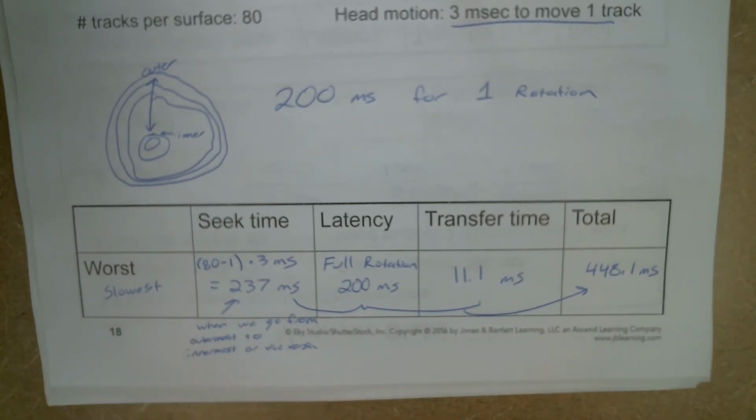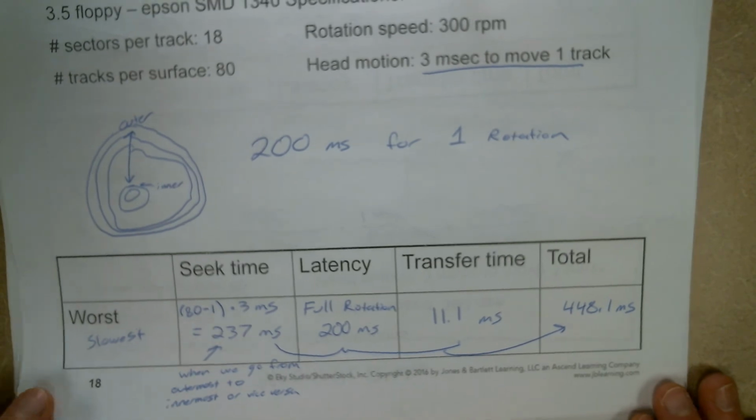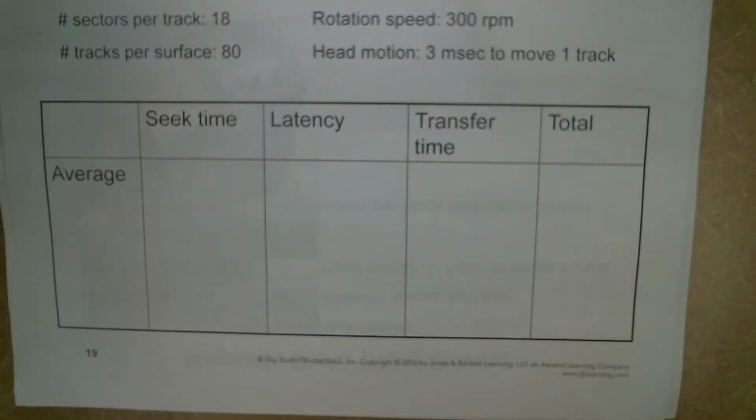So from best to worst, there's a pretty wide gap. Now, as I kind of said, it's pretty unusual that you're going to end up in the best case scenario. It's also pretty unusual that you're going to end up in the worst case scenario. So something we want to know is what is the average time that this disk is going to take to retrieve your information.